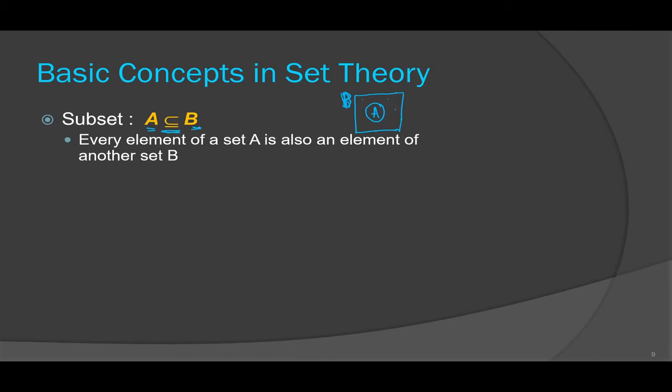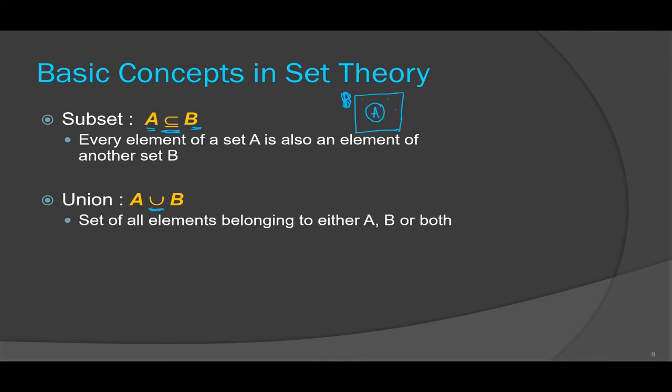Now let us proceed with the next concept, union, which is denoted with this notation: A union B. What do we mean by union? It is the set of all elements belonging to either A, B or both, where A and B are two sets.